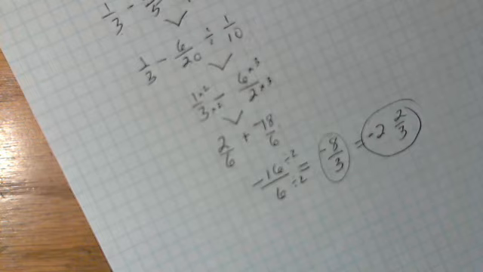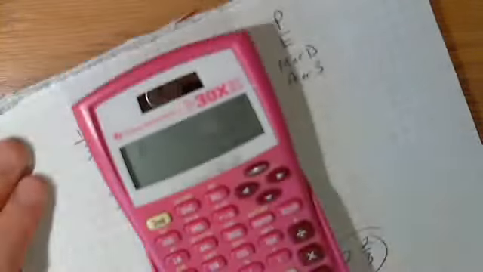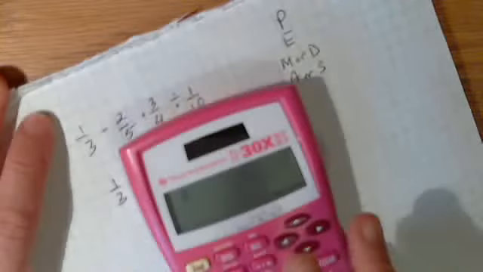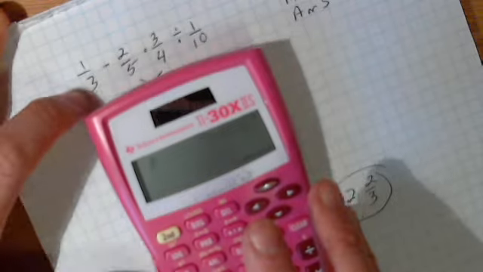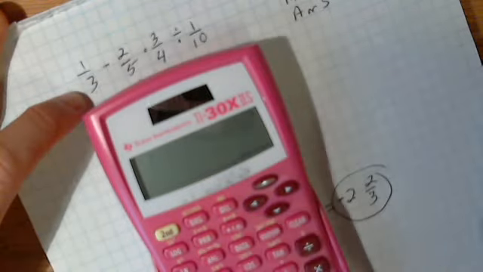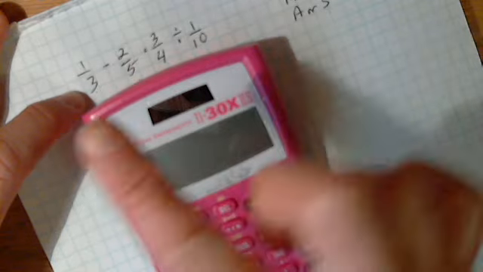Now I'm also going to show you how to do this problem in your calculator. I want you to always try them by hand, but then for sure check them in your calculator. So it was 1/3 minus 2/5. Now your calculator knows the order of operations if you have a good one. So I don't have to tell it what to do first.